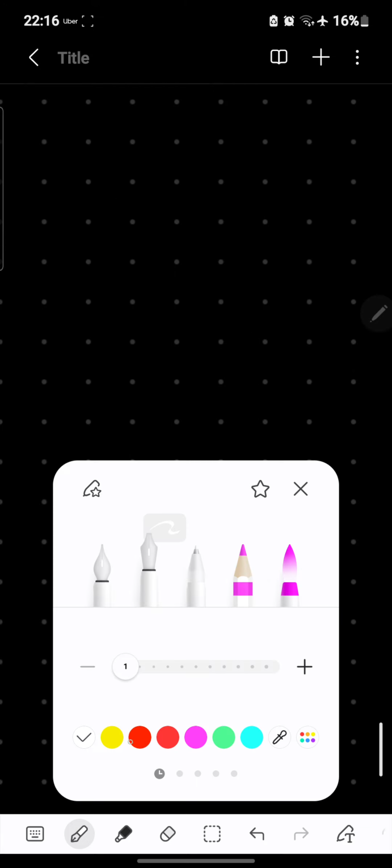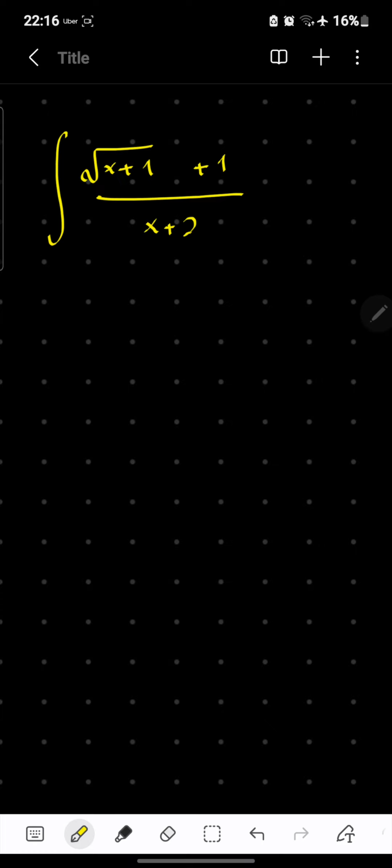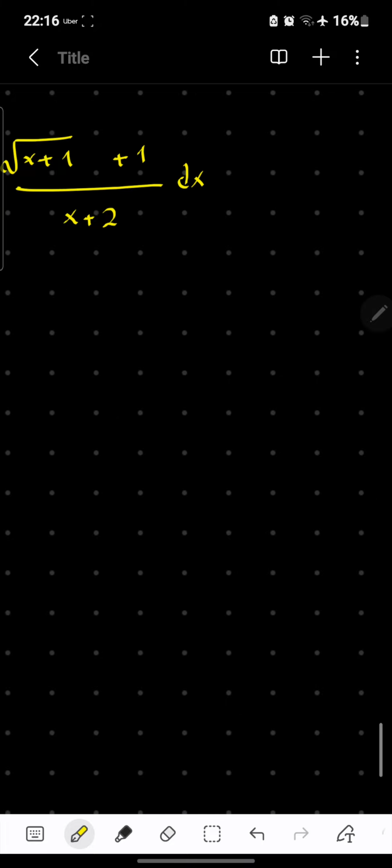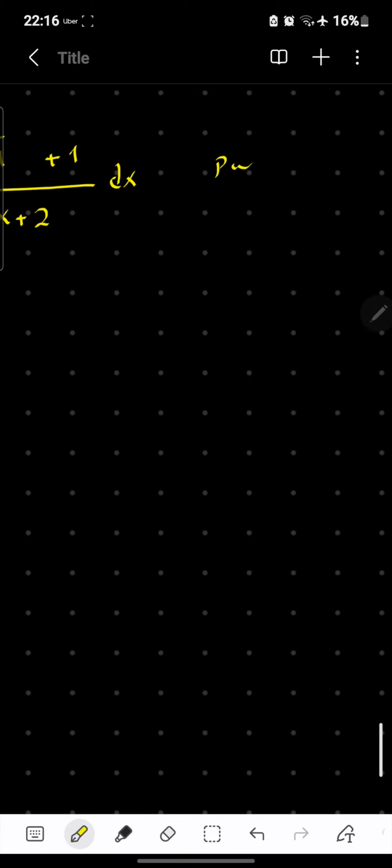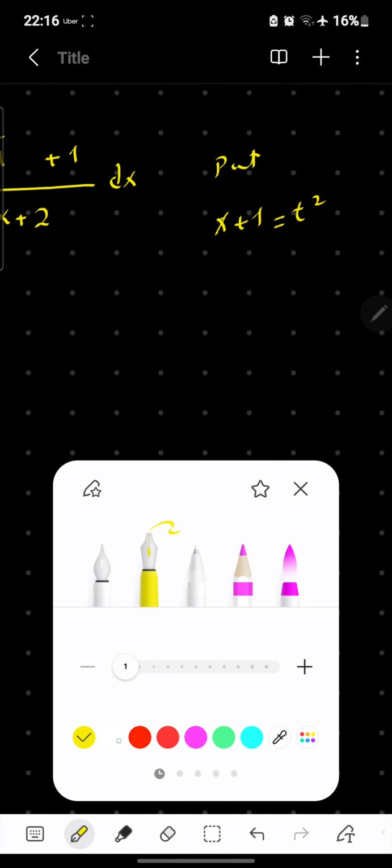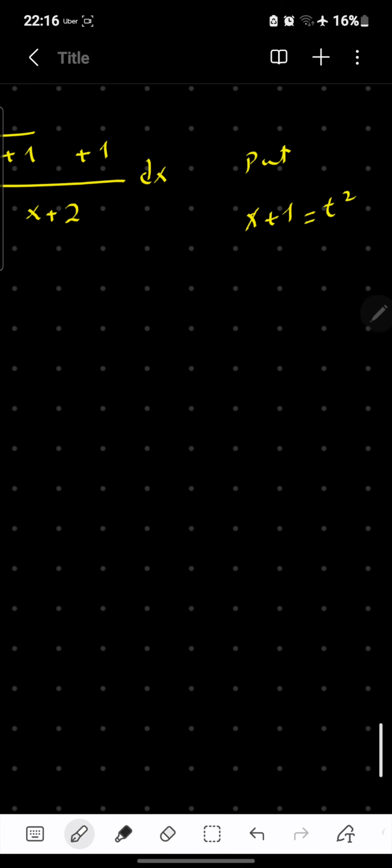Let's try the last example in integration by substitution from our exam last year in Lisbon, given in this form: integral of square root x plus 1 plus 1 over x plus 2 dx. And he gave us the suitable substitution. He said put x plus 1 equal t squared. So let's follow this substitution.